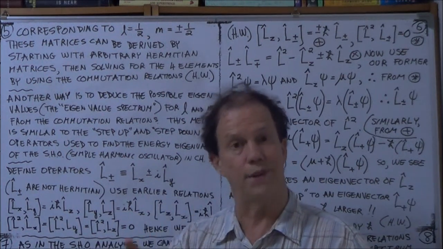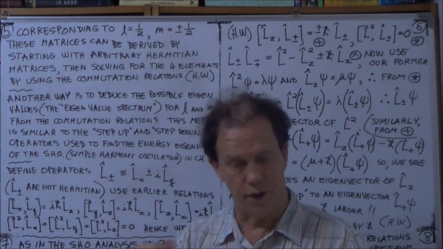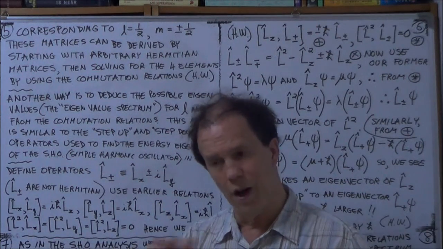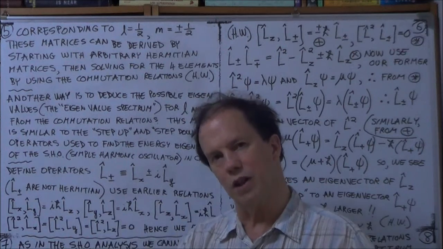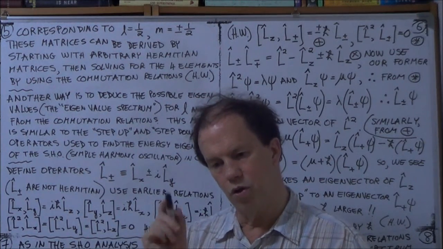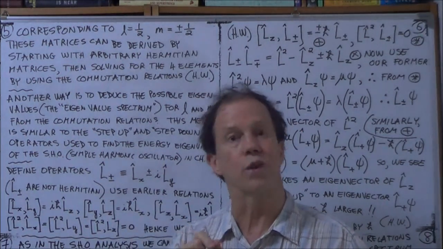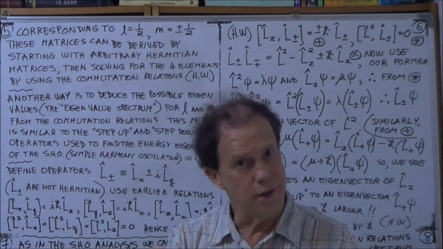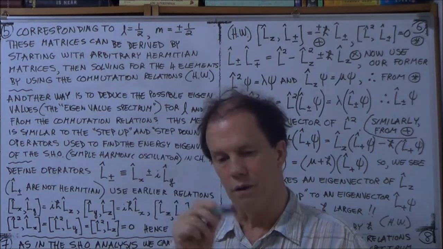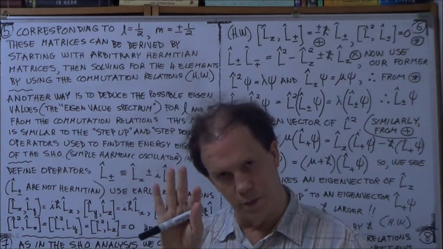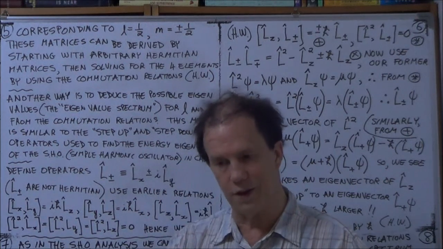That commutator should be 0, and L squared and Ly also 0, and L squared and Lz also 0. Using all these commutation relations, you should be able to create a whole string of constraints on the values of the 4 elements of each of these matrices.